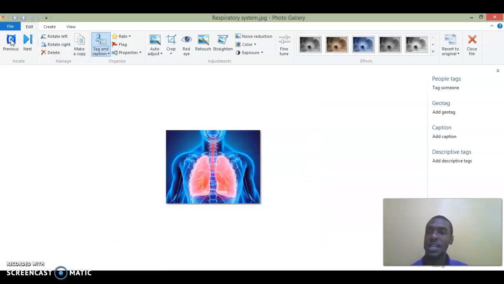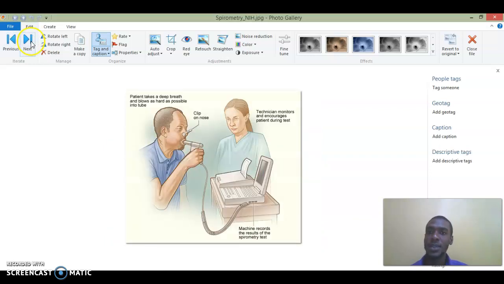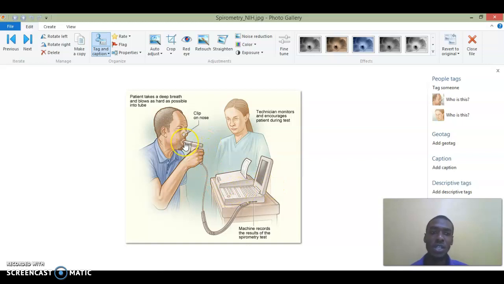It's basically, here it is, a machine connected with a tube in which you insert the end of the tube into your mouth and breathe in and out to get the regular breath, and then you take a very deep one to fill your lung to maximum capacity and release everything that you have.